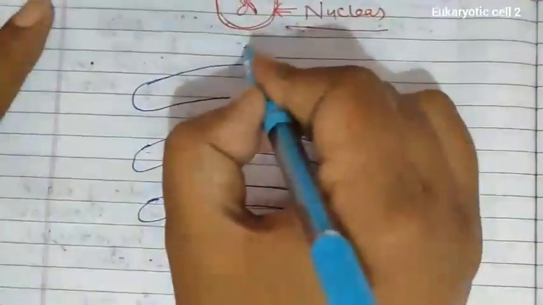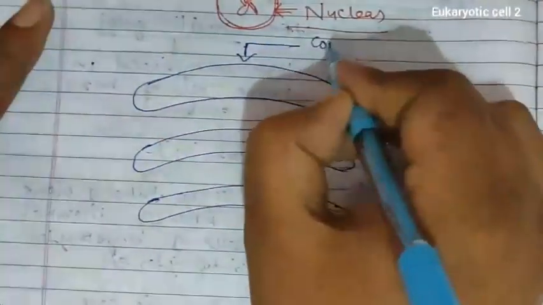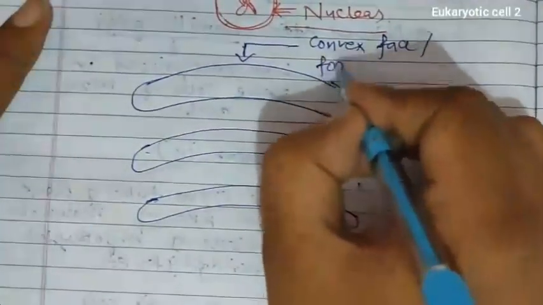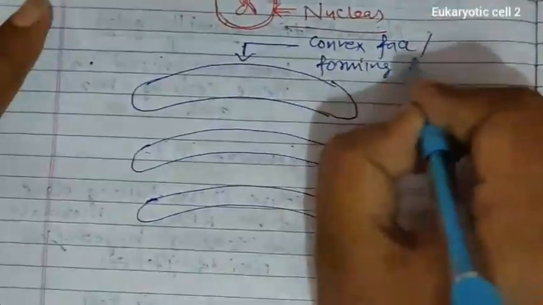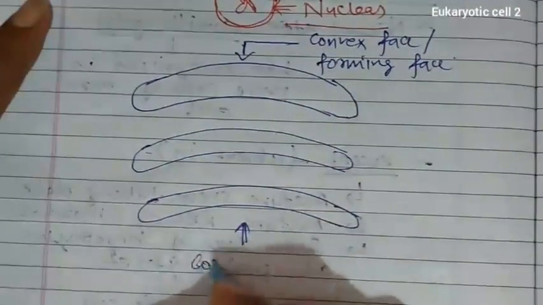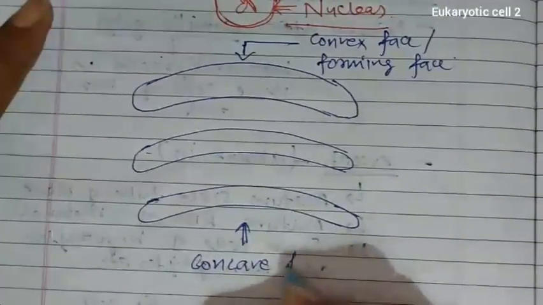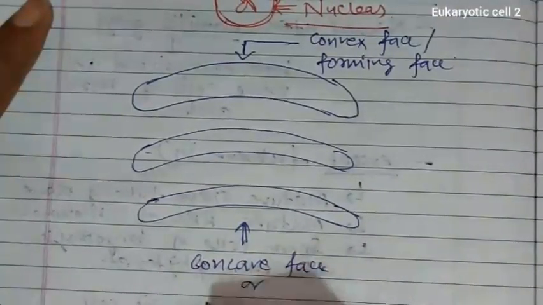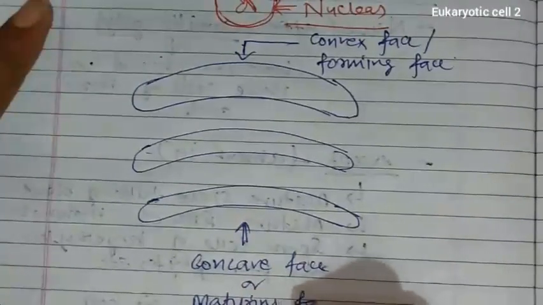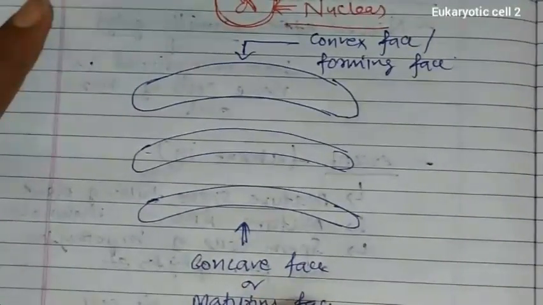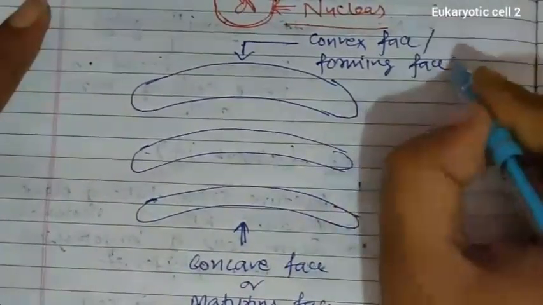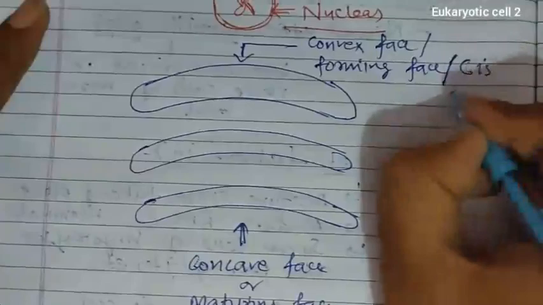So this is the convex face or forming face, whereas this is the concave face or maturing phase or trans phase. Now remember, this forming phase is also known as cis phase.